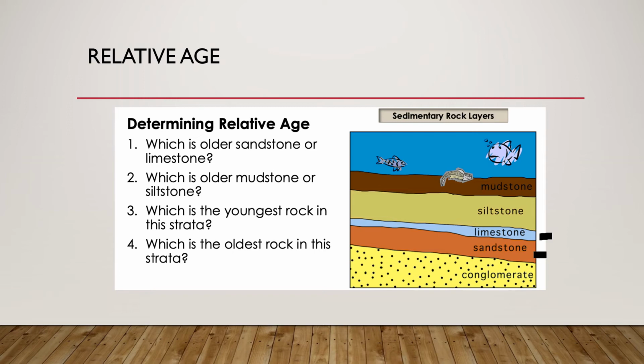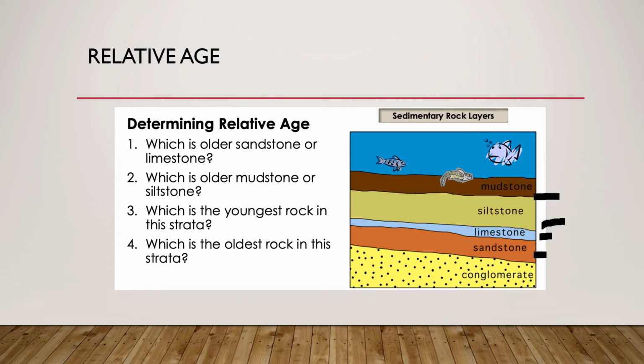Of course, the older is the sandstone, because the law of superposition tells us older rocks are found below. Next, which is older, mudstone or siltstone? This is mudstone and siltstone. Did you answer? Of course, siltstone.